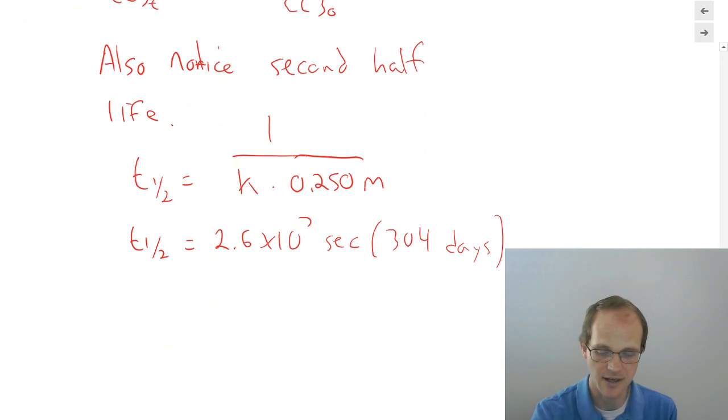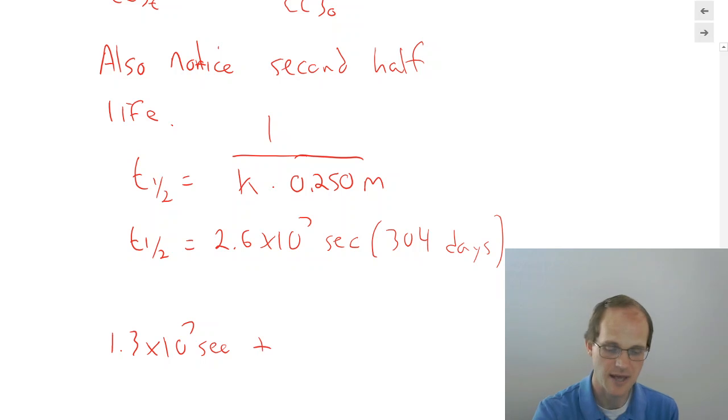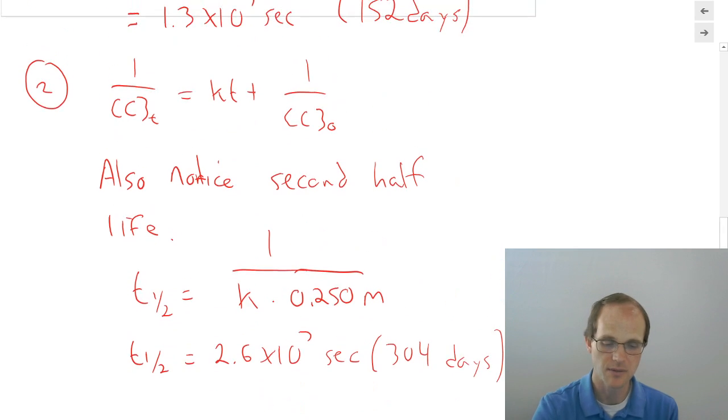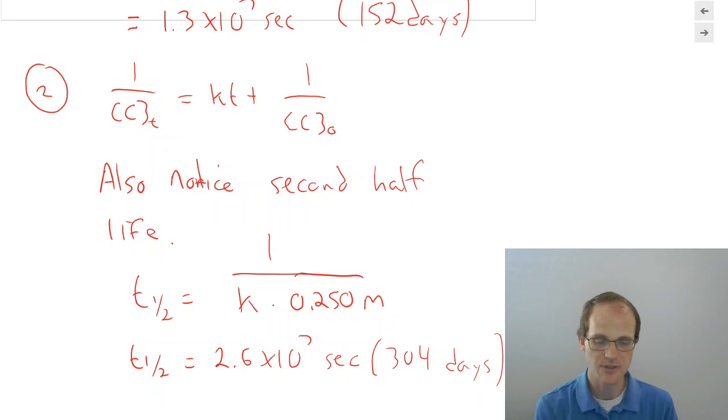If I wanted to add it all up, I'd do 1.3 times 10 to the 7th seconds, plus 2.6 times 10 to the 7th seconds, and I'd get my 3.9 times 10 to the 7th seconds, or 304 plus 152 days, which would be 456 days.